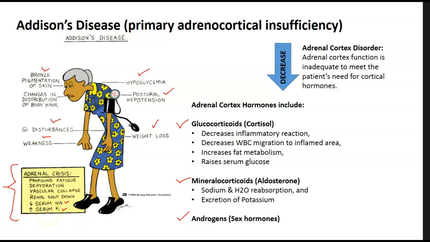So if you think about if somebody has low sodium and high potassium, what are you going to want to monitor? What are their EKGs going to look like? Are they at risk for seizures? So do they need to be on seizure precautions if they're going into crisis?